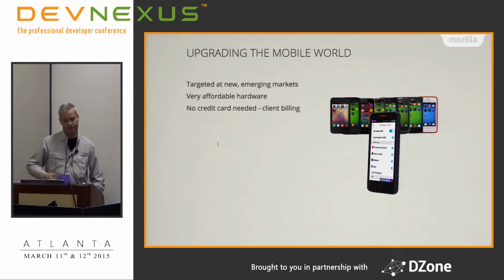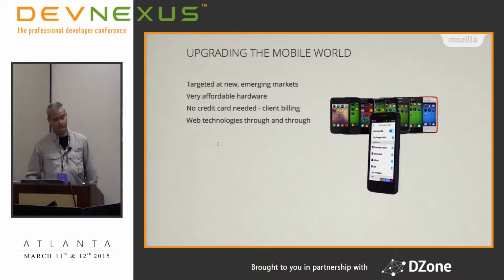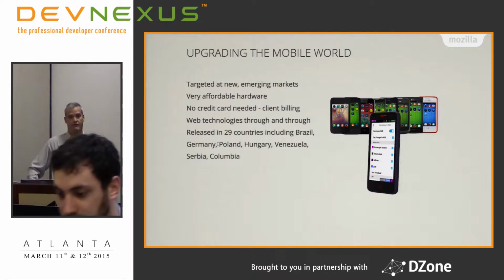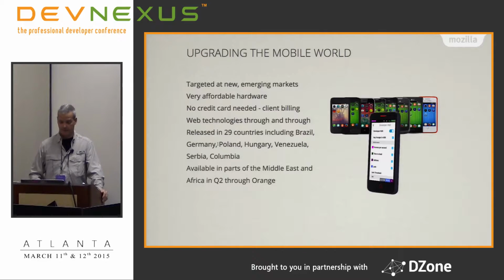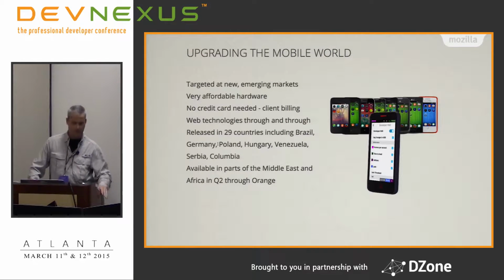So all the carriers that carry a Firefox OS phone allow you to buy stuff and get billed directly from the phone company or the carrier. It's web technologies through and through. So far we've released in 29 countries, including Brazil and Germany and Poland. In the second half of this year, we're releasing in parts of the Middle East and Africa through Orange, which is a carrier in that region.